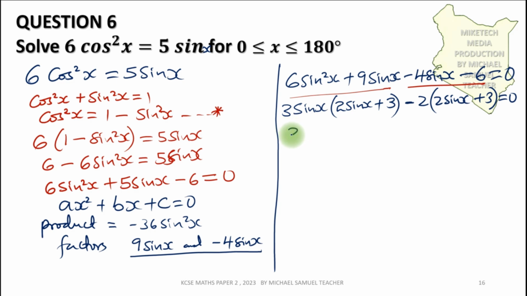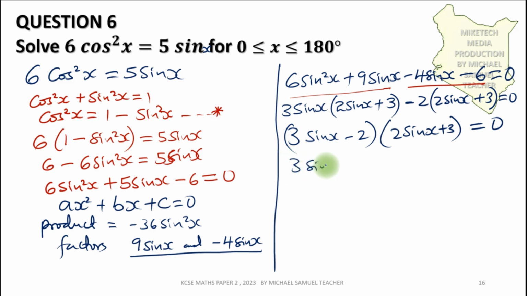Therefore from here we have 3 sine x minus 2, bracket, multiplied by 2 sine x plus 3, close the bracket, will be equal to 0. So either 3 sine x minus 2 is equal to 0, or 2 sine x plus 3 is equal to 0. So you need to get the value of x.